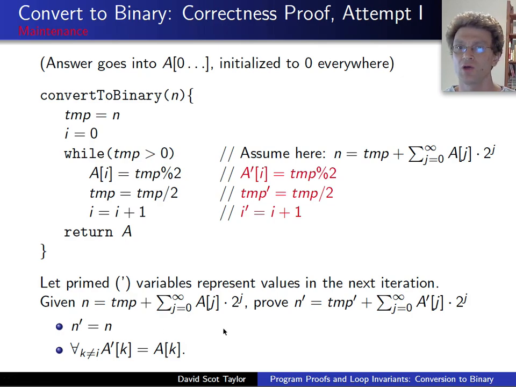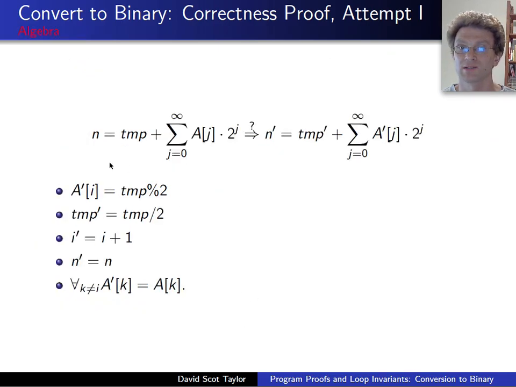Once we do that, now great. Now we have everything we need from the program. We're given this. This is our loop invariant assumption. We're trying to prove the same thing holds with primed variables, and we know exactly how all of our variables change. So now we're sort of down to our algebra.